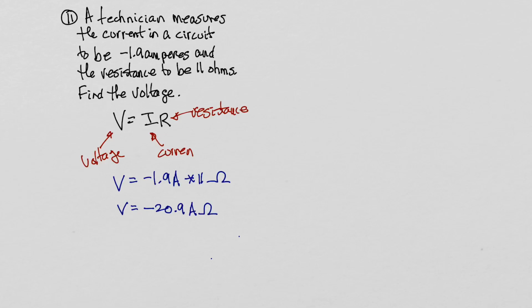Now, as it turns out, this amp ohm is what a volt is. So a volt is measured in amp ohms. This looks a little strange, so I'm going to write this. The voltage is equal to negative 20.9 volts. This is voltage. This is volts.